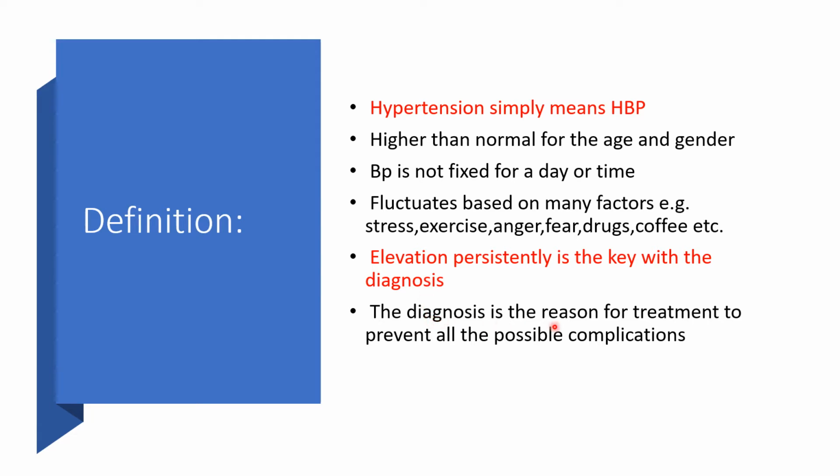The diagnosis is necessary because wrong diagnosis will lead to unwarranted medications being given to that individual, and that could be detrimental. And misdiagnosis could lead to complications of the hypertension without being treated.